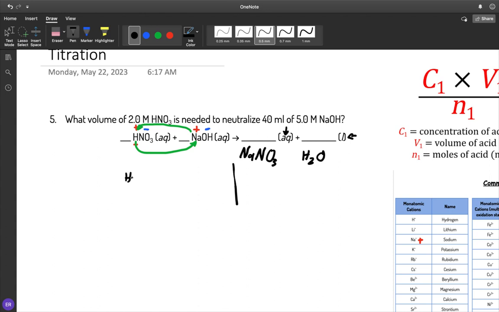We have H, we have N, we have O, and then we have Na, and then O we already have down, and H we already have down. Over here I'm going to list them in the same order I listed them in the first one, just so I can keep track of them a little bit more easily.